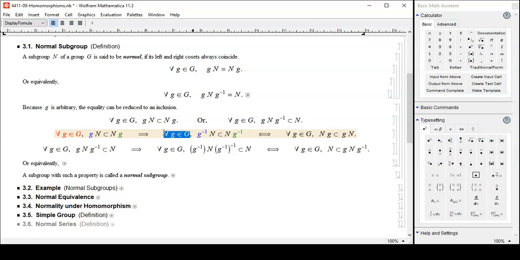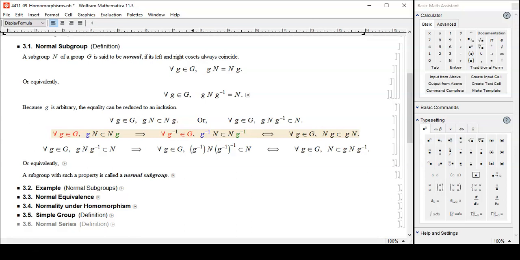And also right here, you see, we're dealing with an arbitrary element. Don't we have to adjust our g like this, arbitrary g inverse? Well, yes, we can do that, but it is not necessary. Because if I select an arbitrary g inverse, I can always go back to g and start from there, and vice versa.